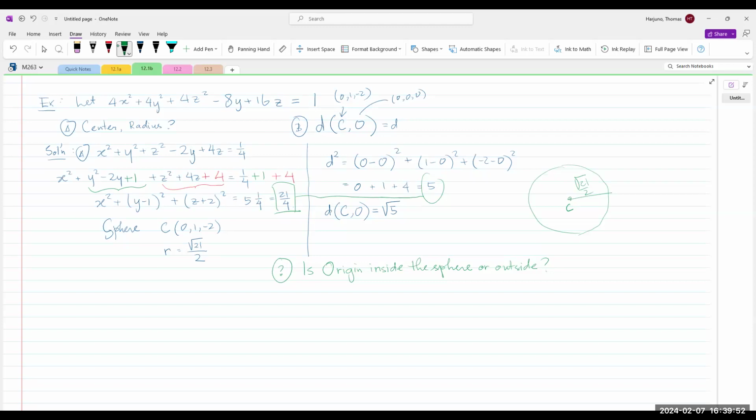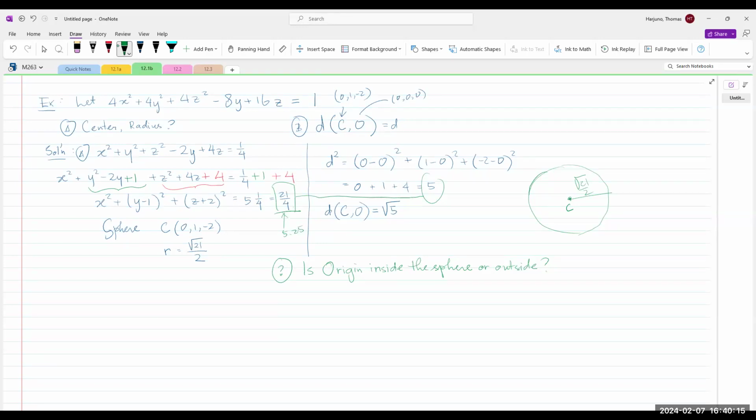You see, the distance from the center to the sphere, the radius of the sphere, is slightly more than, the square root is slightly more than 5. This is 5.25, right? In decimal, this is 5.25. Is that right?